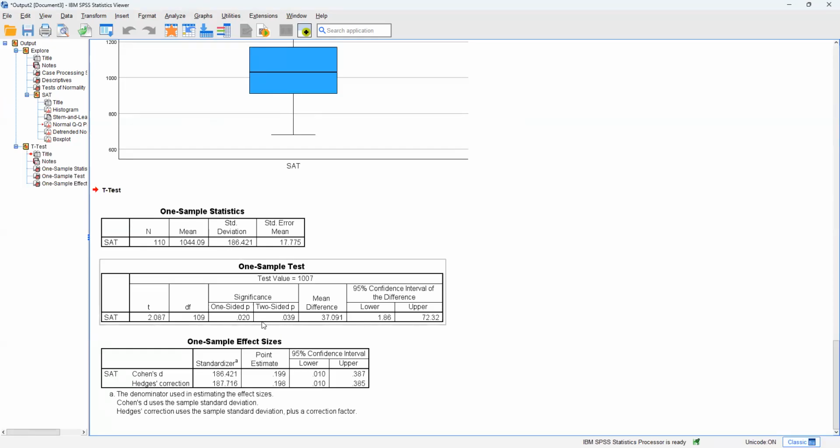If we had expected our sample to have a higher mean or a lower mean, then we could have chosen the one-sided p-value, but we're using a two-sided p-value.